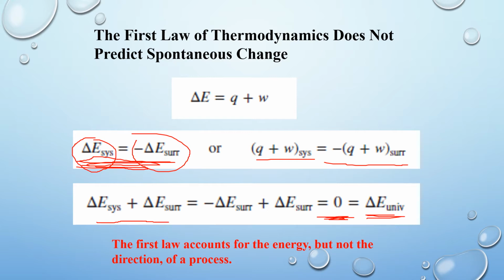So we have conservation of energy. Also, when you burn fuel in your engine, that energy becomes the kinetic energy of the car. So energy is conserved, but it doesn't tell us why this spontaneous reaction is preferred in one direction.